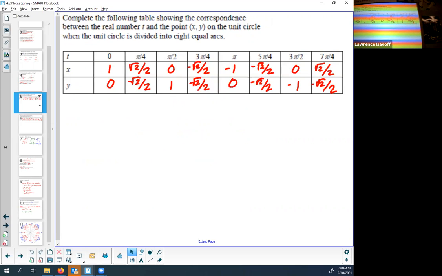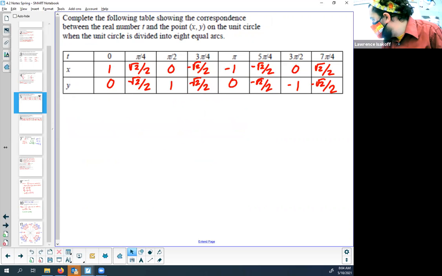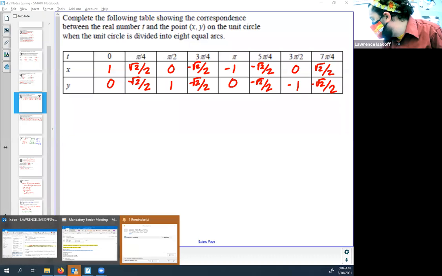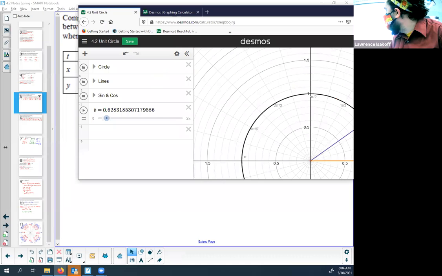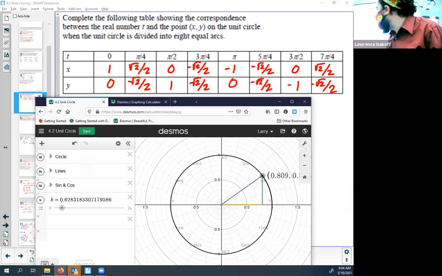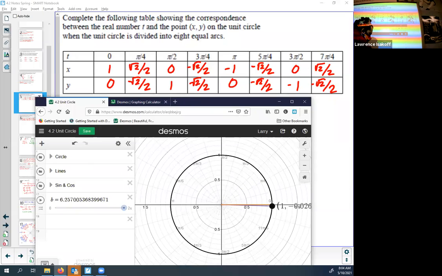Here, this comes from the unit circle. Okay, let's see here. We're going to try and stop it at particular values. So at 0, there we go. We had the point 1, 0. That's my x, y values.